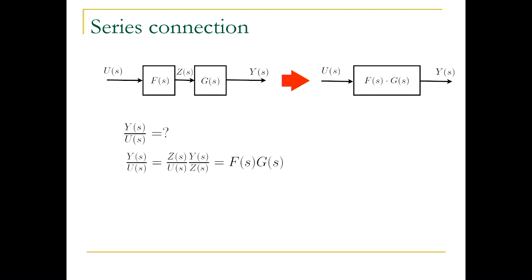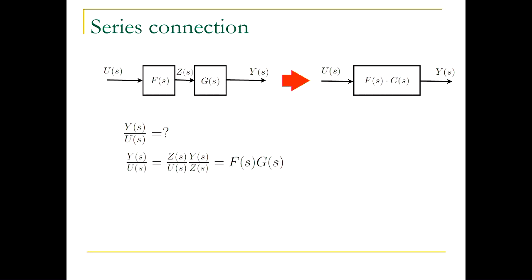And then, the transfer function of the first subsystem is the output of that transfer function, which is z, divided by the input of that transfer function. How about the transfer function of the second guy? Well, that's y, the output of the overall system, divided by z. Now z can cancel here, and what we end up with is exactly the definition of a new transfer function for the combined system.